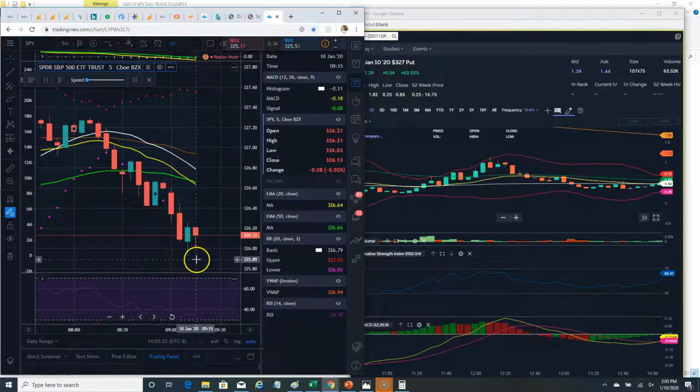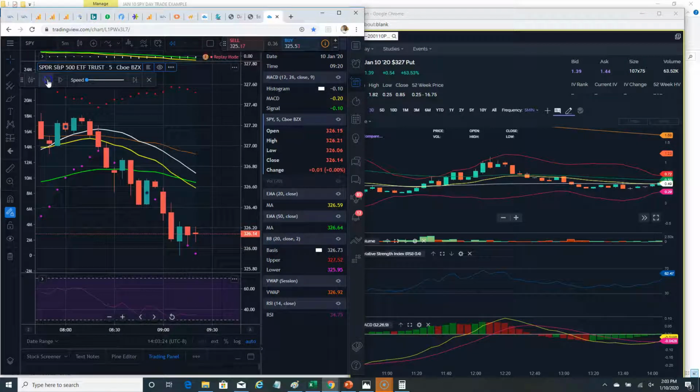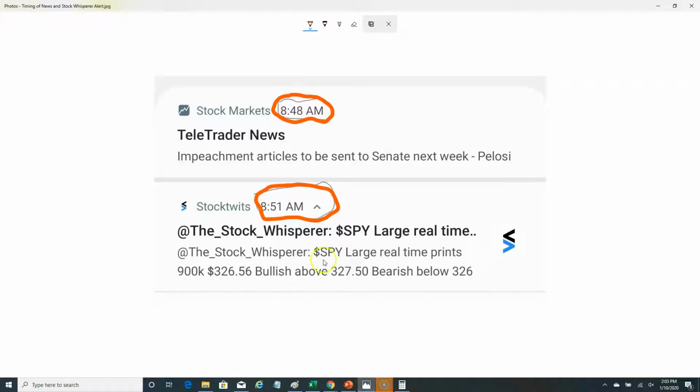What time is it now? Let's stop. So here we are, starting at this candle, 326. Remember, 326.56 is when the big boys came in.